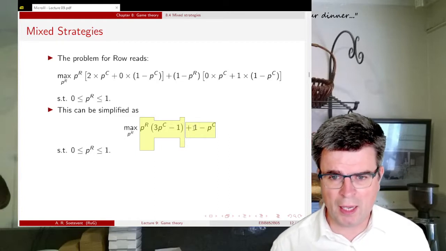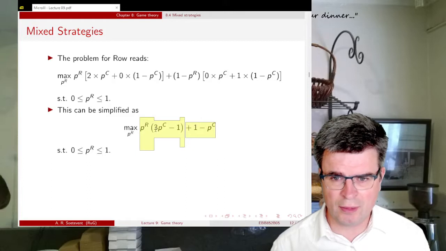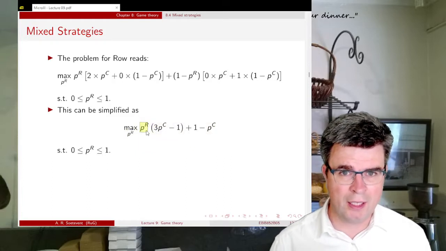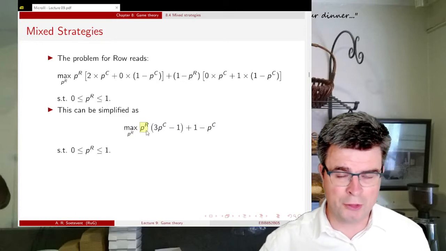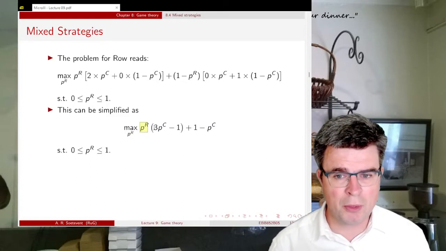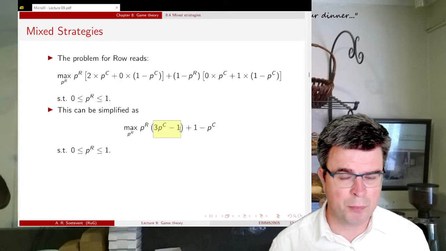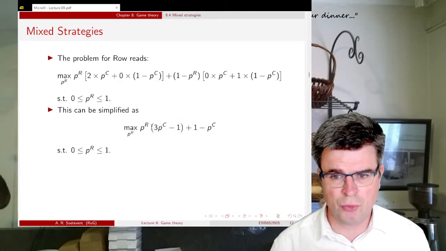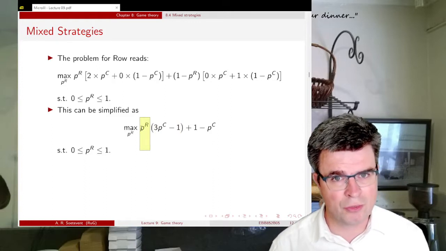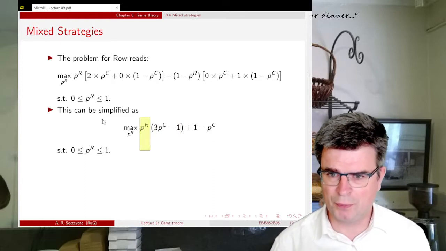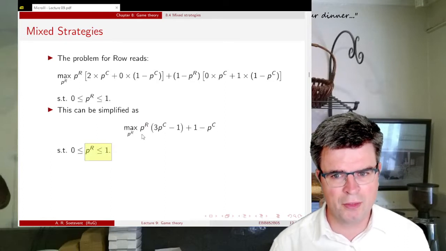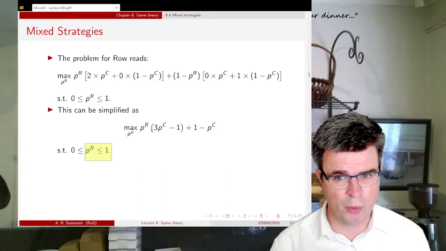And you can see that whether we want to choose PR as large as possible or as small as possible very much depends on the term within parentheses. If this term is positive, then it pays off to choose PR as large as possible. Well, we are bound to not setting it higher than 1, so then we will equate it to 1.